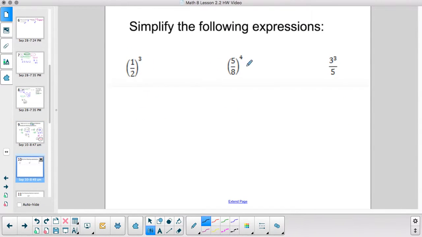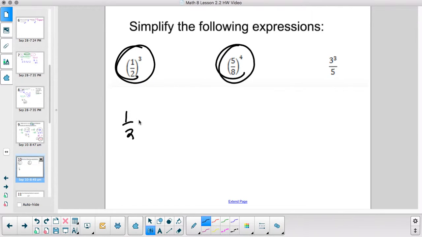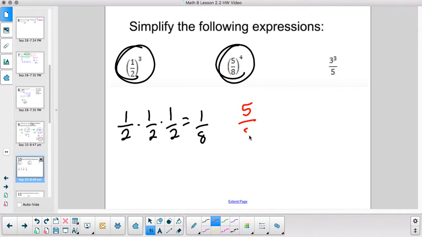Okay, so make sure that you realize that these fractions are just the fraction, right? It's just 1/2 times itself 3 times. And it would just be 5/8 times 5/8 times 5/8 times 5/8, 4 times.